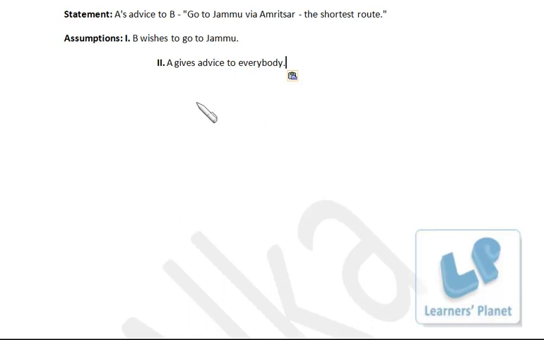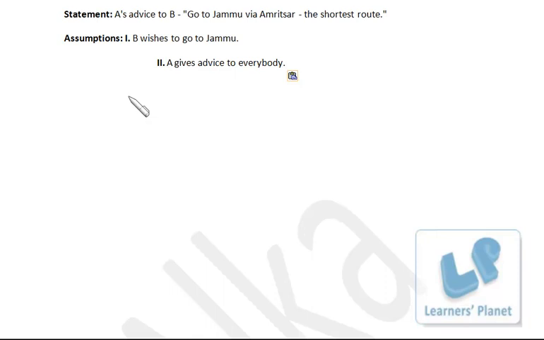The second is, A gives advice to everybody. This is not at all related to the statement, right? A is advising B. That really doesn't mean A is giving advice to everybody. So this assumption is not at all implied. So we have just assumption 1 that is implied. So we have option A, that is, assumption 1 is implicit.